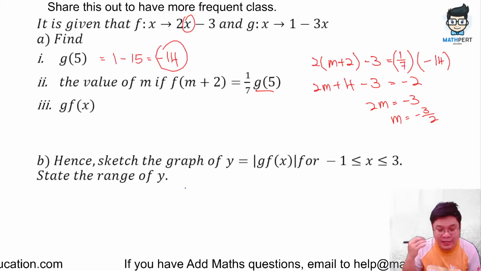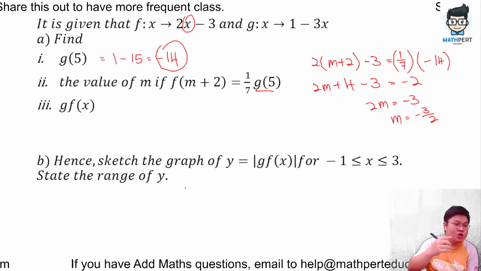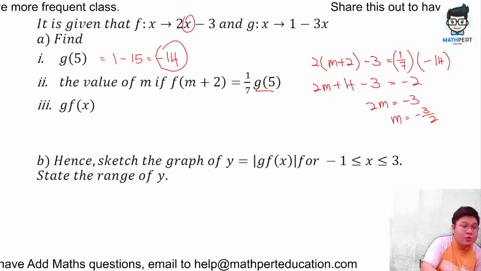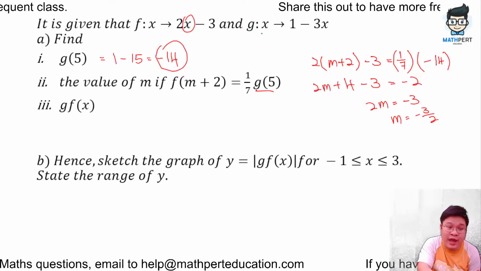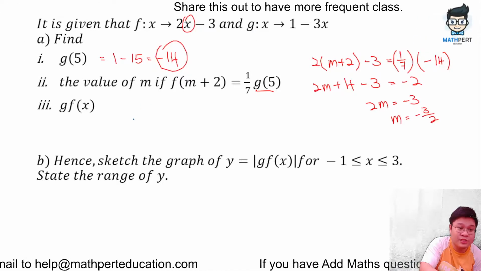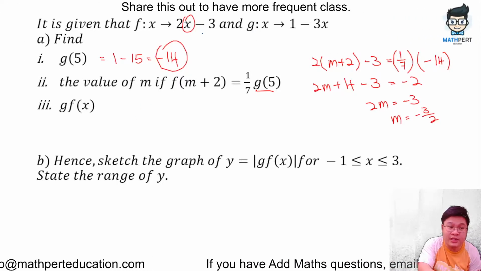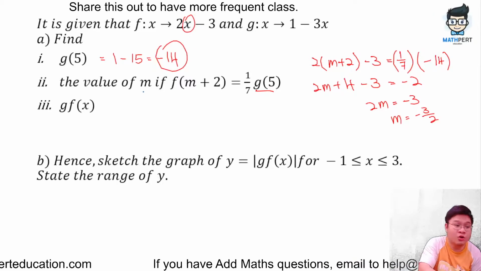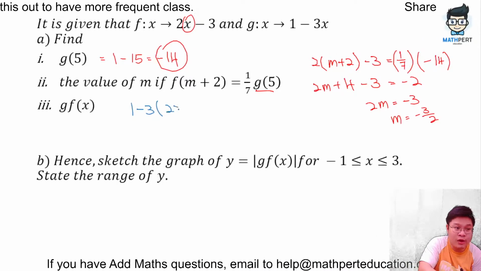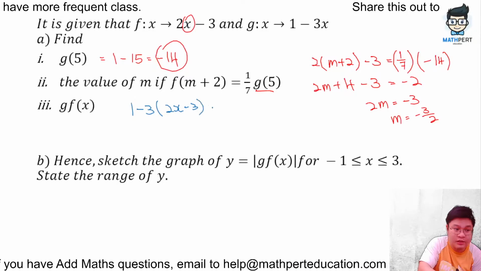Alright, so let's continue. gf(x). Okay, so we have g, we have f, we have g(x), we have f(x). So gf(x) will be, we substitute the f(x) into g(x). So in this case it is 1 minus 3 bracket 2x minus 3.